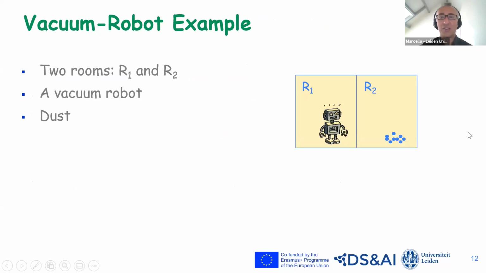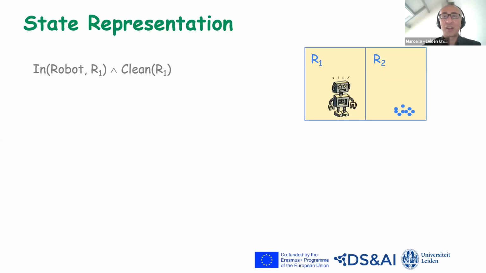So there is one example just showing that you have a robot and you have to clean the rooms, but there are two rooms, and one has dust and the other not, and the robot has to clean all the rooms. So this describes the situation where you are now. You are in room 1, you want to clean, and room 1 is clean.